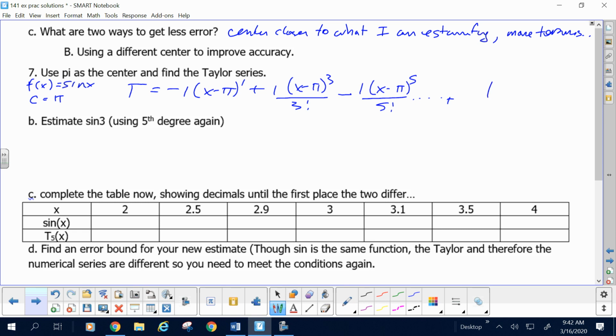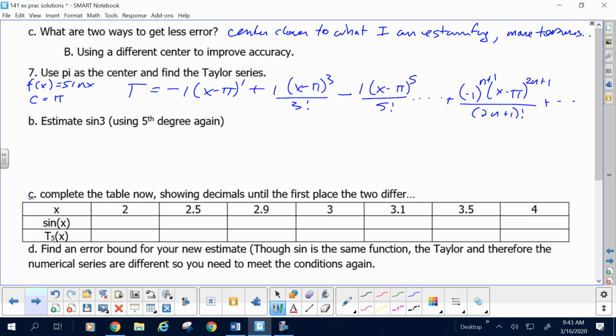Generally speaking, x minus pi to the odd over odd factorial. And assuming that n started at 0, then I would need negative 1 to the n plus 1 to start negative. And again, you could write the summation notation with n starting at 0.